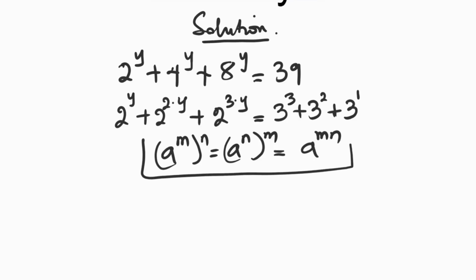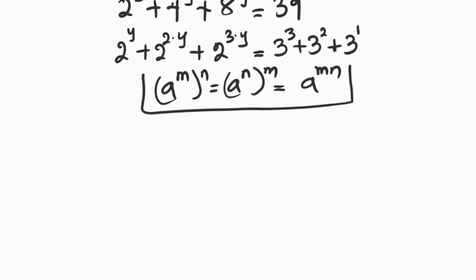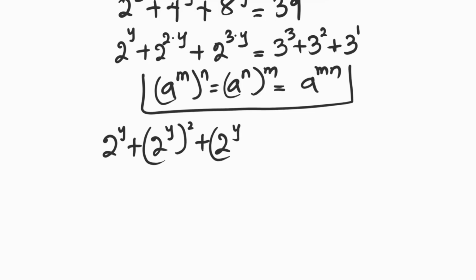Okay, that's sorted. So now we'll rewrite our equation, and it becomes 2 raised to the power y squared plus 2 raised to the power y cubed equals 3 cubed plus 3 squared plus 3 raised to the power 1. So now we can see that the left-hand side looks similar to the right-hand side in terms of the powers.